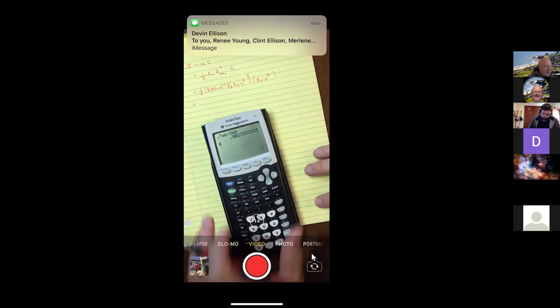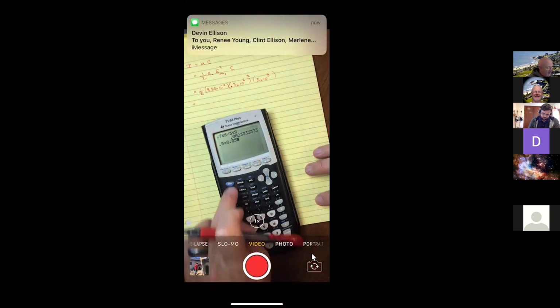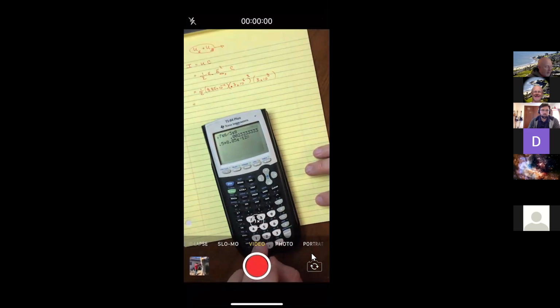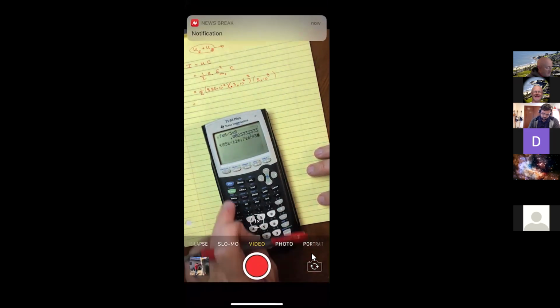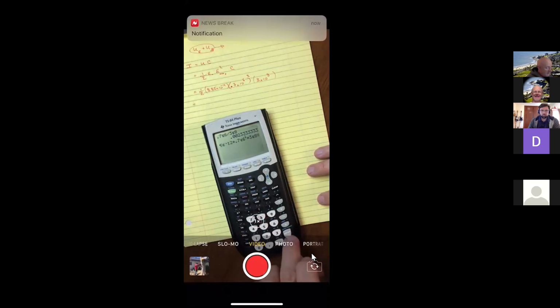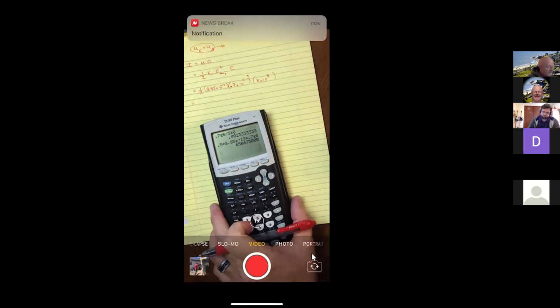So if I put this into my calculator, I'd have 0.5 times 8.85 times 10 to the negative 12 times 0.7 times 10 to the 6th, and that squared, times the speed of light, 3 times 10 to the 8th.